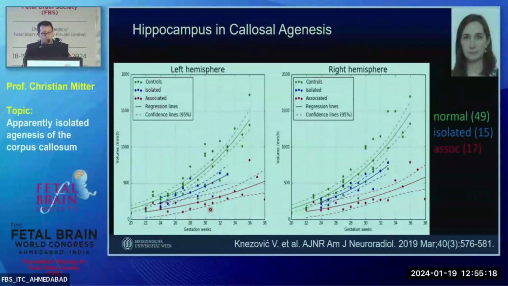It's much more pronounced in the associated group, but also in the isolated corpus callosum fetuses, you see, in comparison to the normal controls, a reduction of volume, which gets more pronounced with increasing gestational age.